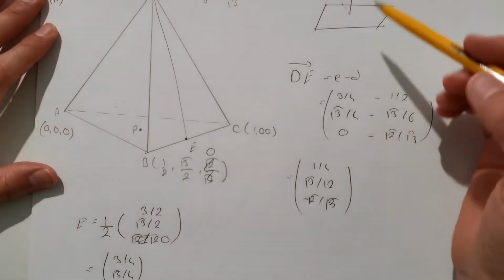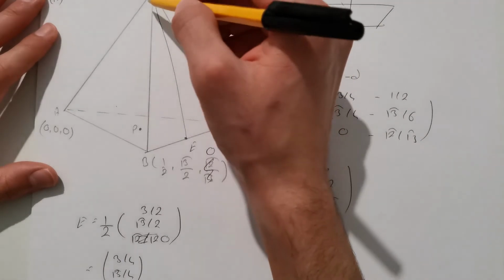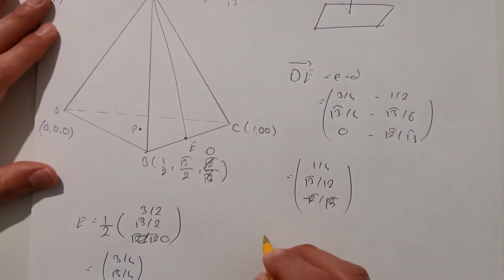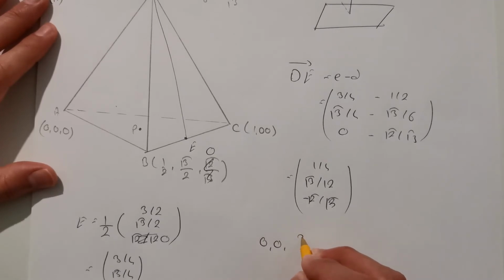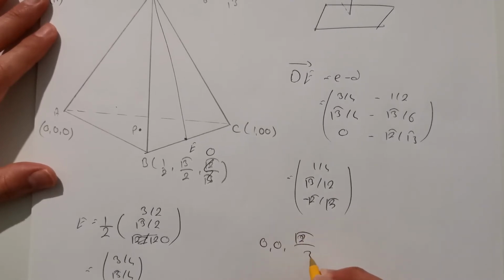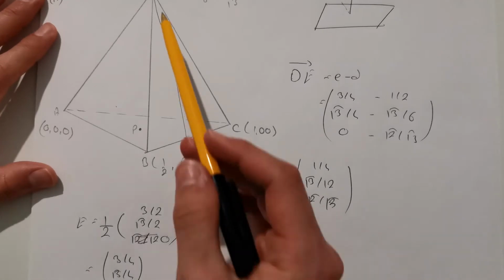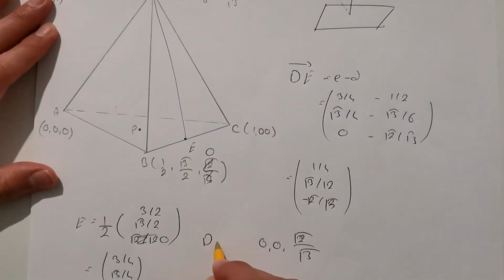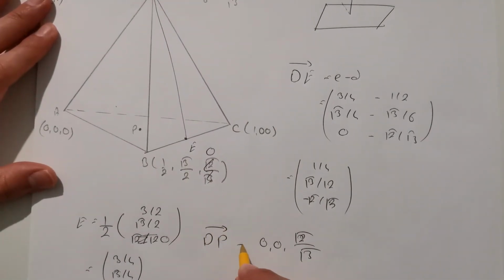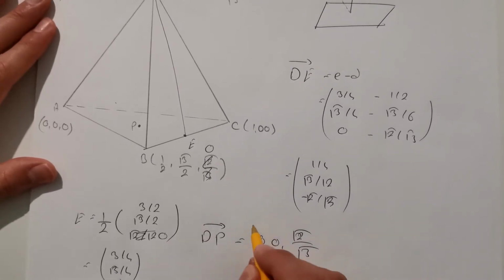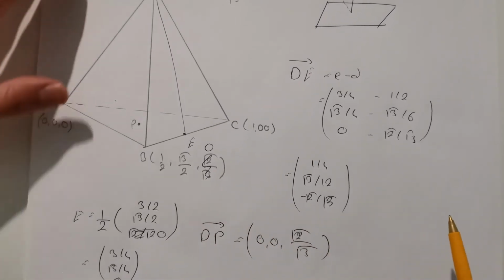Now I'm going to dot this with the normal dP. I know the normal dP is (0, 0, root 2 divided by root 3), subtracting, so the vector dP is this.